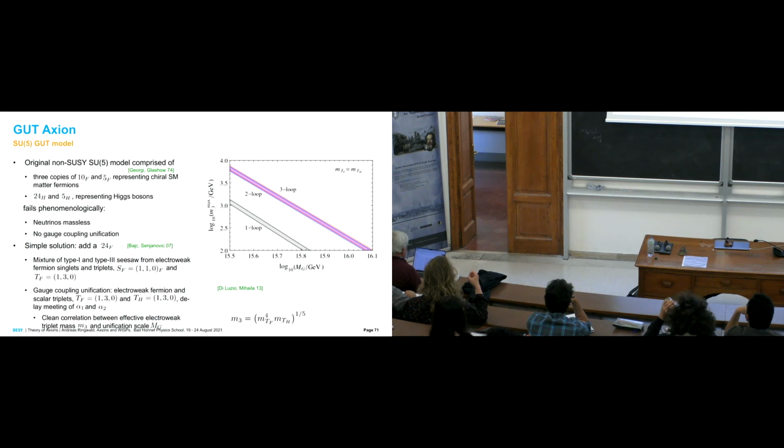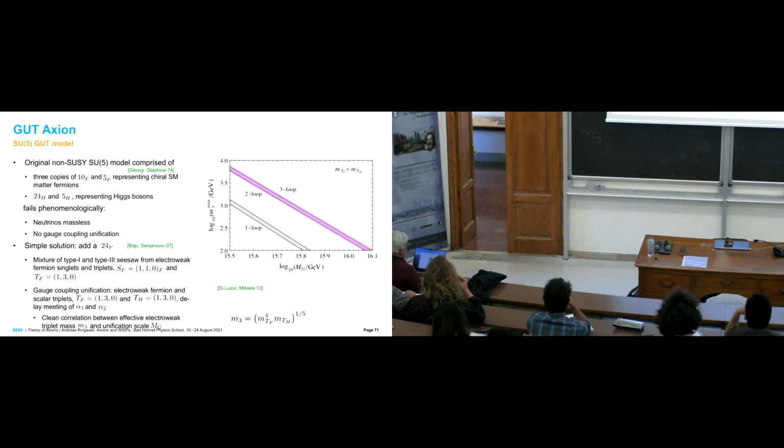I don't want to go into these details. The nice thing is that in this model there is a clean correlation between an effective electroweak triplet mass M3 and the unification scale, and this electroweak triplet one can look for at the LHC.